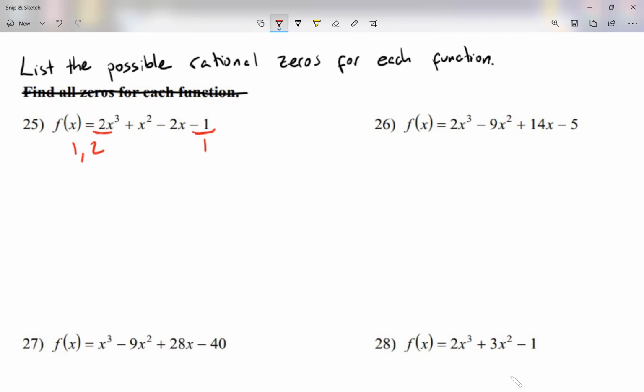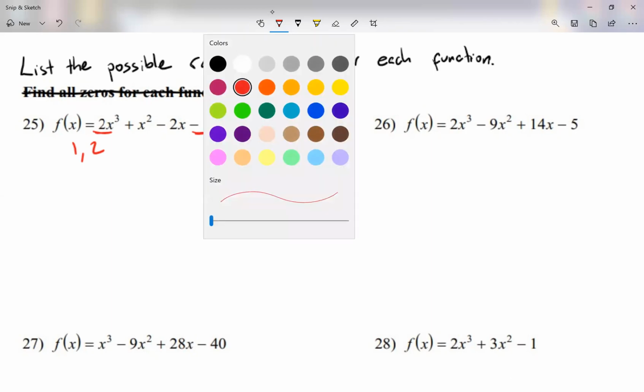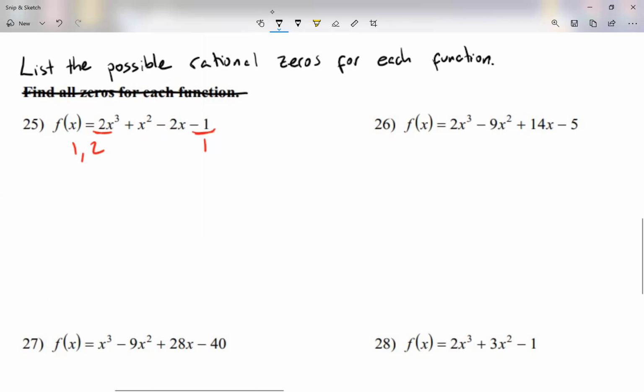So now, for my possible rational zeros, I'm going to use each factor from this last number. Right now it's only one number, but you guys are going to see sometimes it's more than one number. I'm going to make fractions where those factors from the very end go on the top. I'm going to write plus or minus 1 over 1, and then plus or minus 1 over 2.